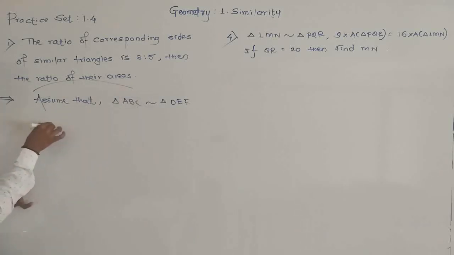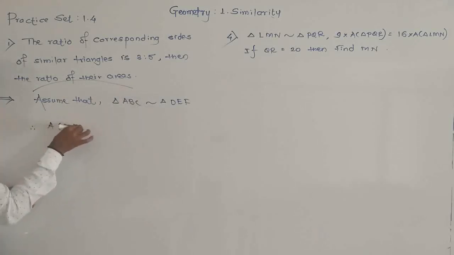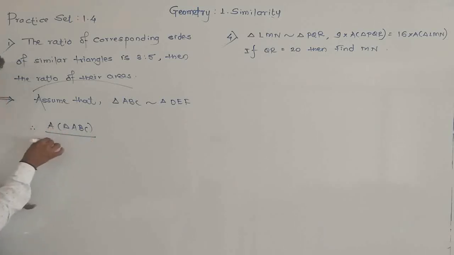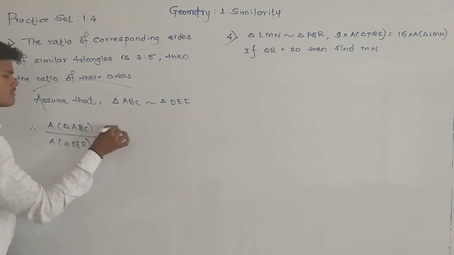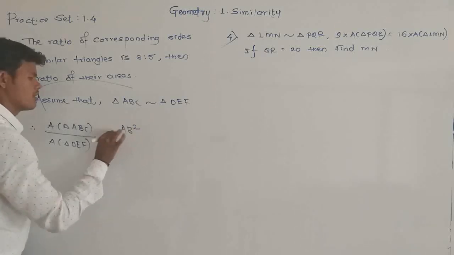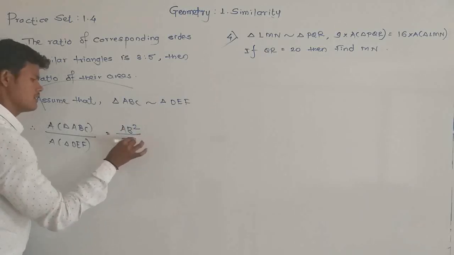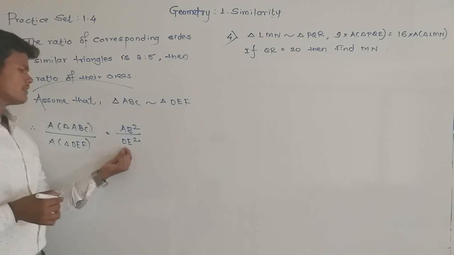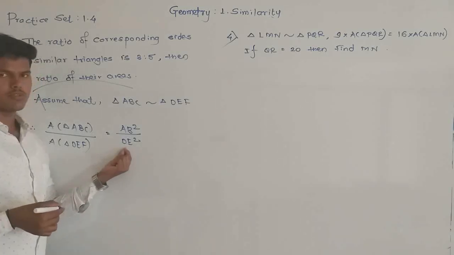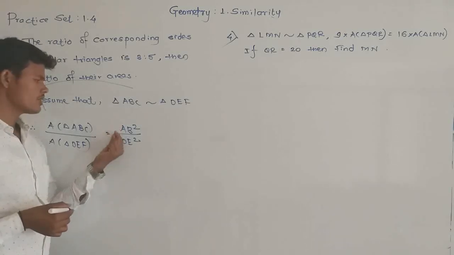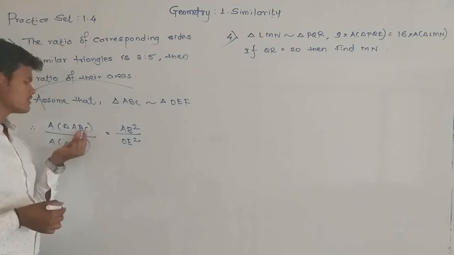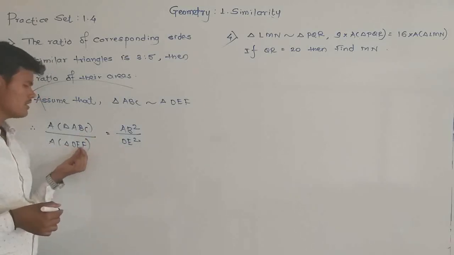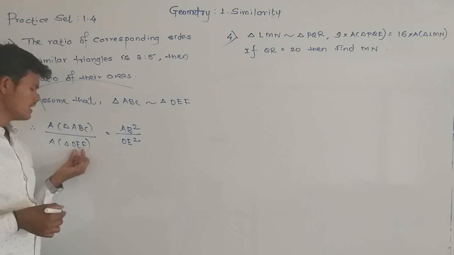So take the ratio of area of triangle ABC to area of triangle DEF, which is equal to AB square upon DE square. Take any one ratio of squares of their corresponding sides, because AB square upon DE square is equal to BC square upon EF square is equal to AC square upon DF square.